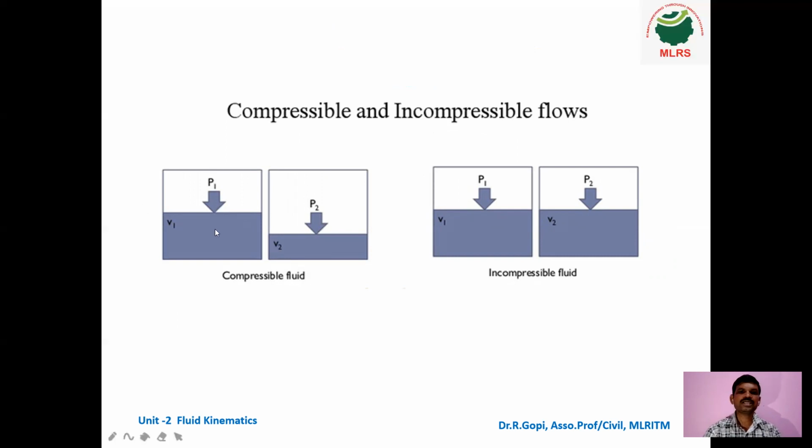So here is the initial density, and this is the final density after compression. But in incompressible fluid, you can't apply the compressive force, or otherwise only a very little amount of compression can be applied. So here density will not change. Density is always constant for incompressible fluid.